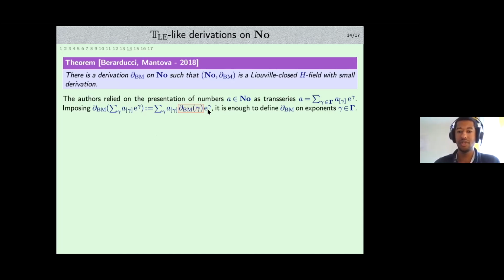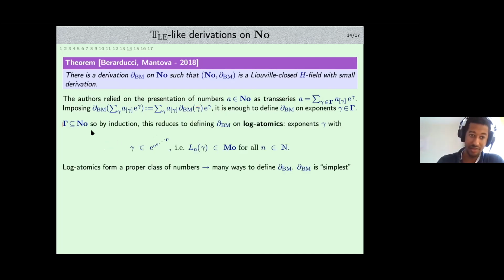And so actually what you want to do is only define the derivative at gamma, at exponents. But exponents are numbers as well.